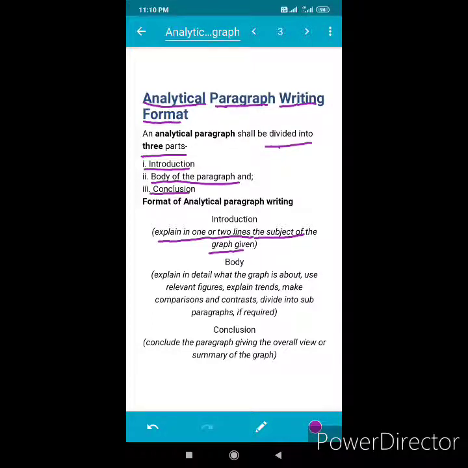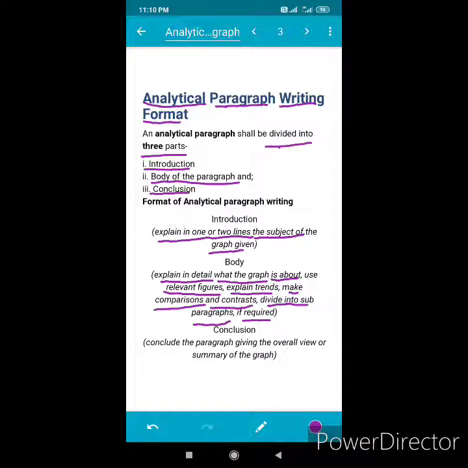Second is body. You have to explain in detail what the graph, chart, table, data, etc. is about. And you have to use the relevant figures, explain trends, make comparison and contrast, and divide into subject paragraphs if required, then only.